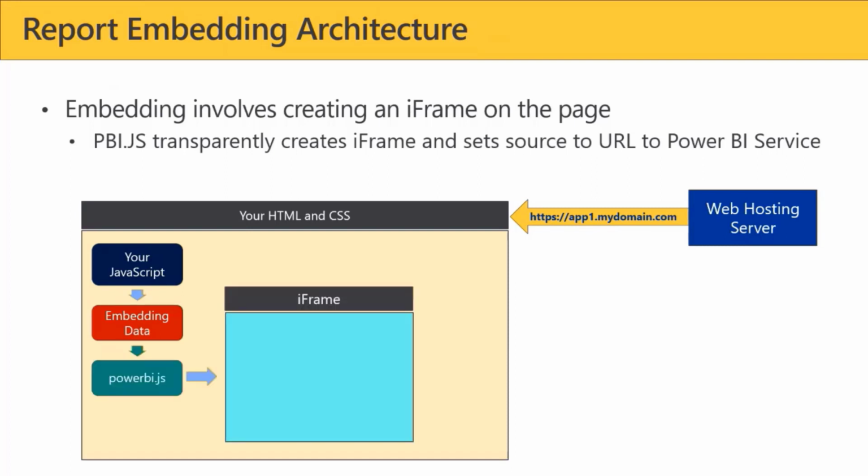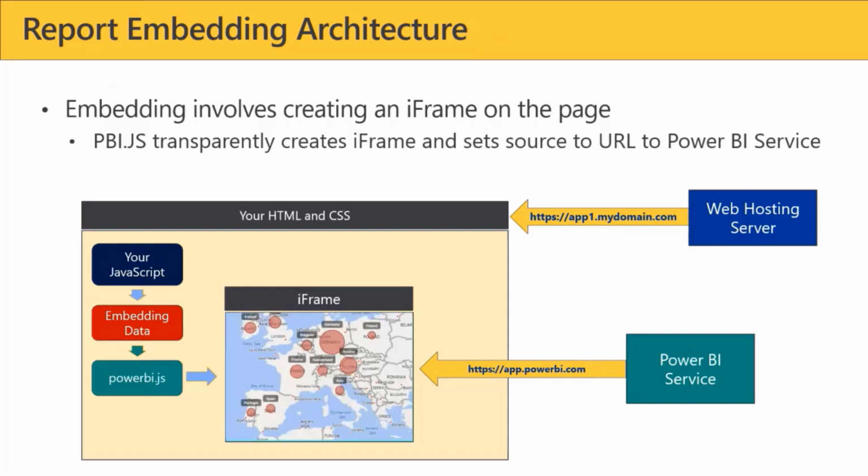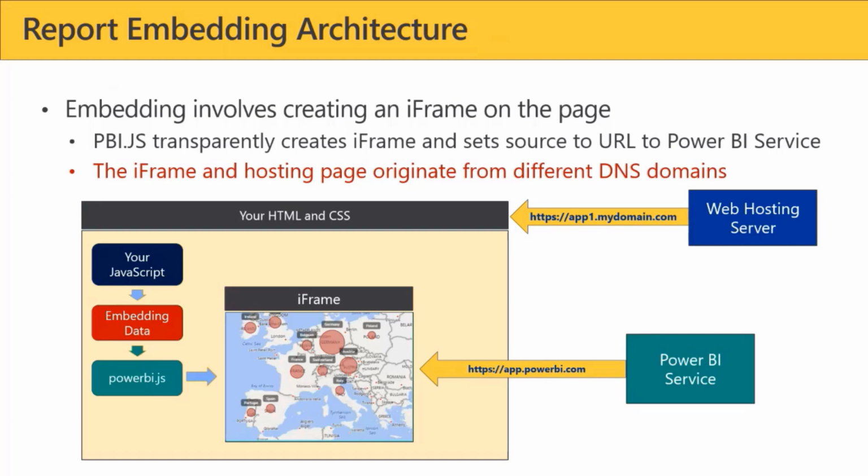It creates an iframe. And then that iframe gets filled by something from app.powerbi.com. The important thing to see is that your JavaScript runs outside the iframe. And due to cross-domain scripting constraints, you can't write any code in JavaScript that reaches into the iframe and adds CSS or does anything with the document object model.